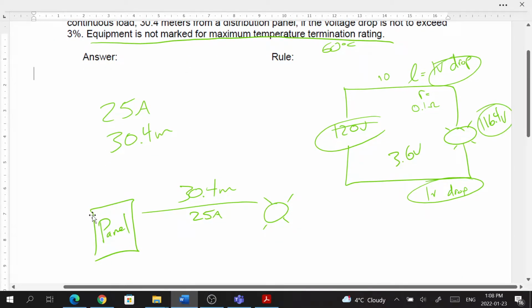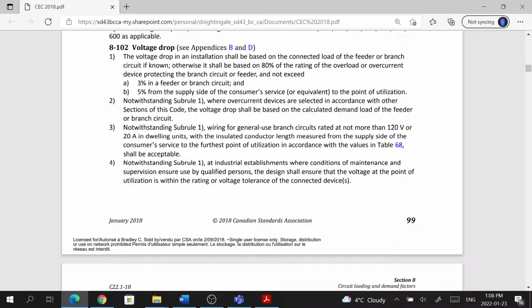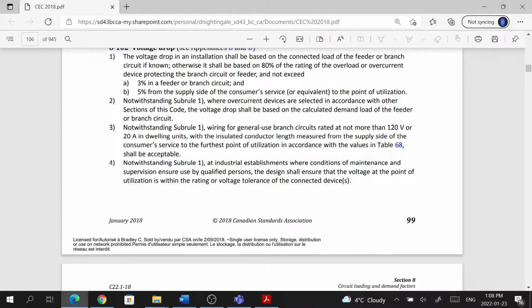Okay, so let's go over to the code, and Rule 8-102 deals with voltage drop. So this rule here is saying that we're only allowed no more than 3% voltage drop in a feeder or branch circuit.